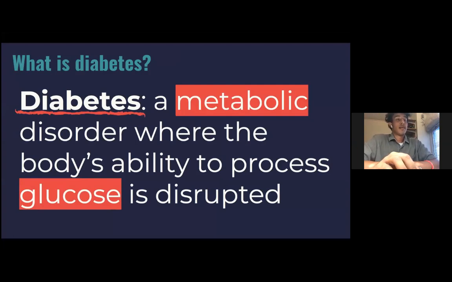What metabolic means is it pretty much refers to any process that is biochemical in the body, which serves to sustain life in the body. And then glucose is just a small sugar molecule, which gives energy to your cells. So using those two definitions, diabetes is a disorder where the life-sustaining processes that relate to glucose processing in your body are somehow disrupted.